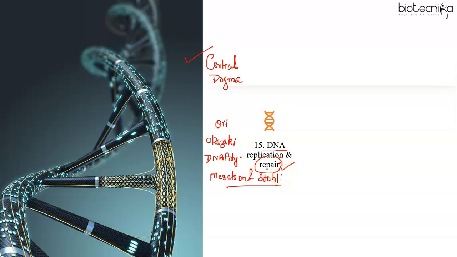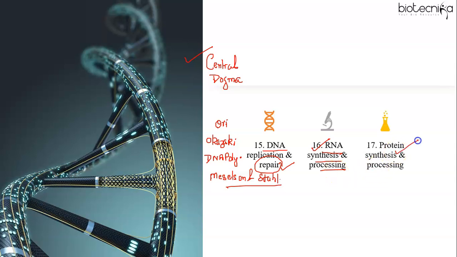So indirect questions can be asked in part B, and a little analysis and interpretation can enable you in cracking part C questions too. The next topic which you need to prepare from this unit is RNA synthesis and processing. So about transcription, you need to study every detail about transcription initiation, elongation, termination in both prokaryotes and eukaryotes, which must be nailed down.